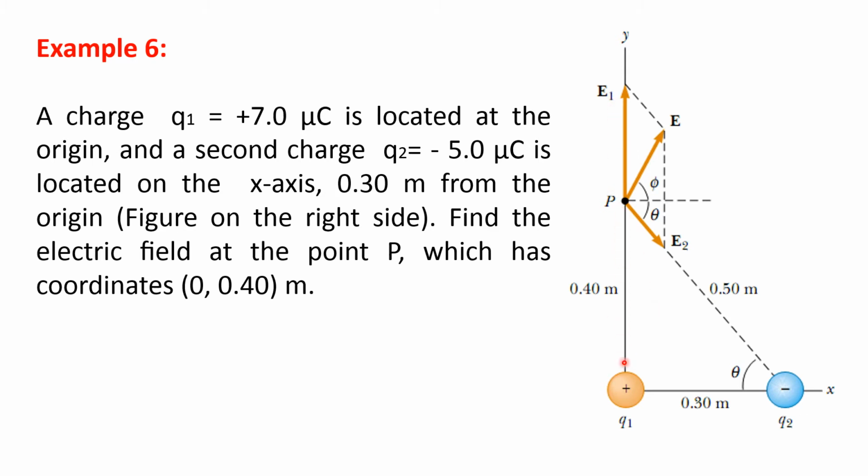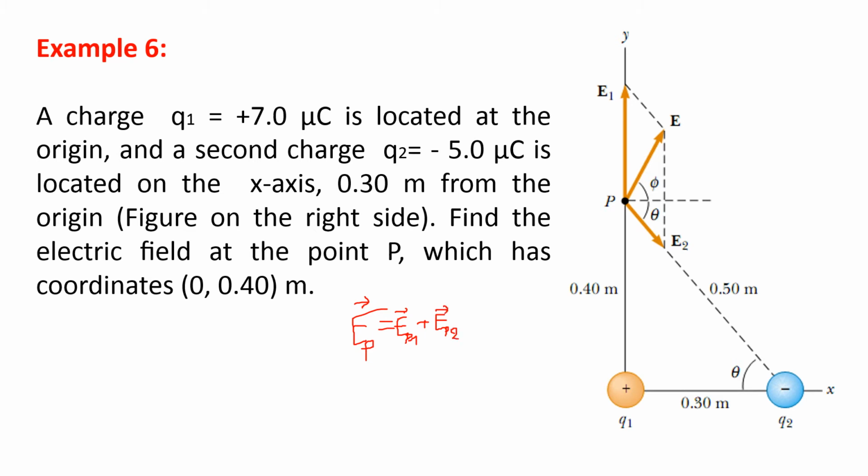This means that we have to calculate the electric field at point P due to charge Q1 and charge Q2. Geometrically, the vector electric field at point P equals the electric field at point P due to charge 1 plus the electric field at point P due to charge 2.